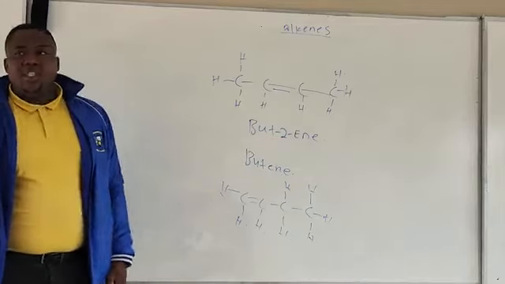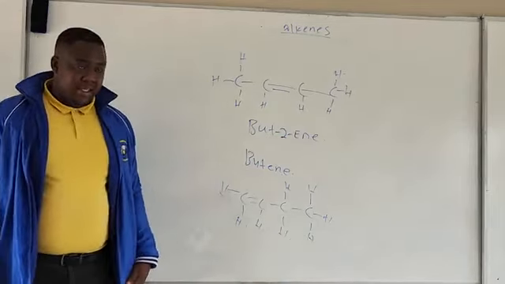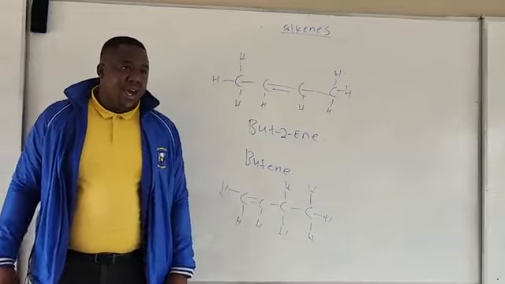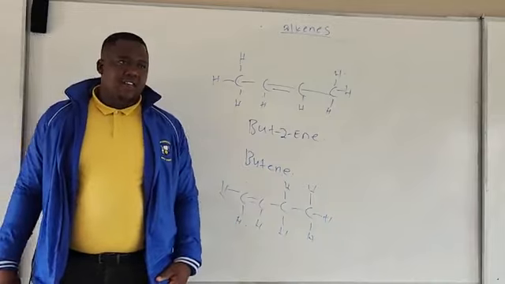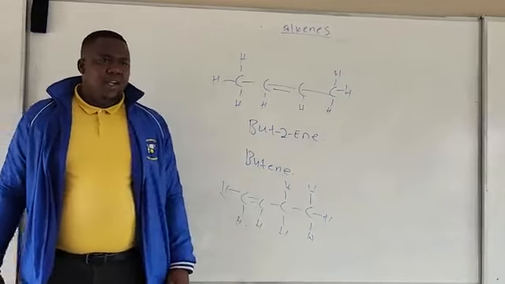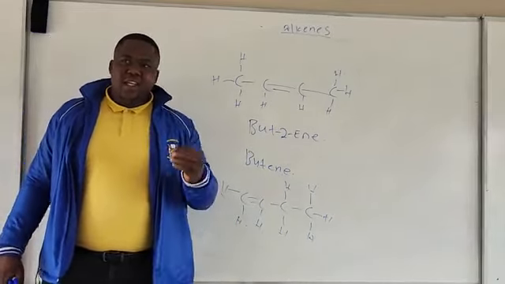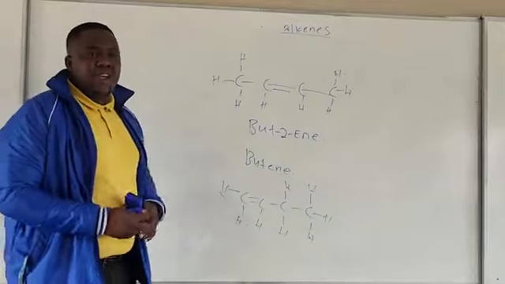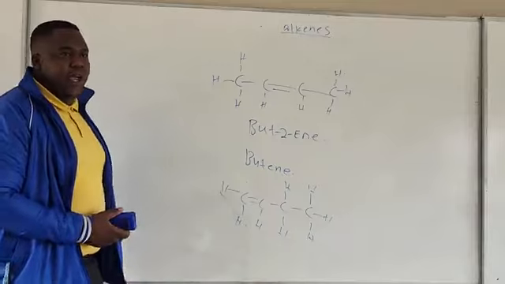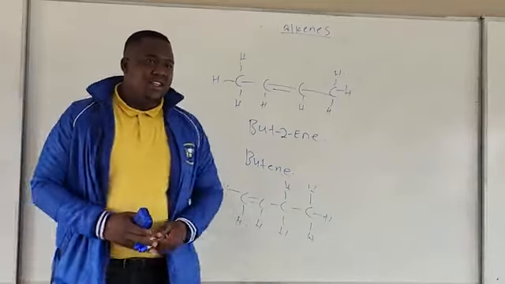You remember we started with the alkanes. The alkanes, what are their characteristics? They've got a single bond. Listen, guys, these things have characteristics, something which makes them different from the others. You understand?